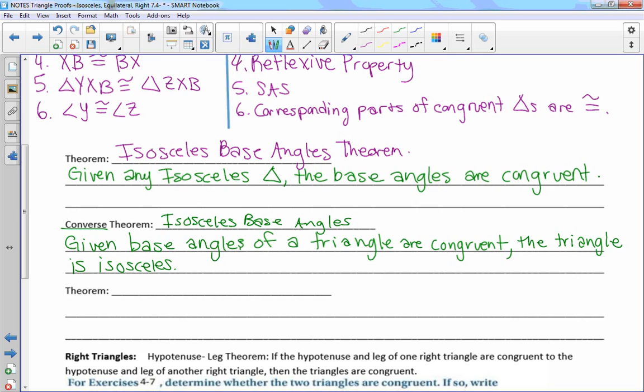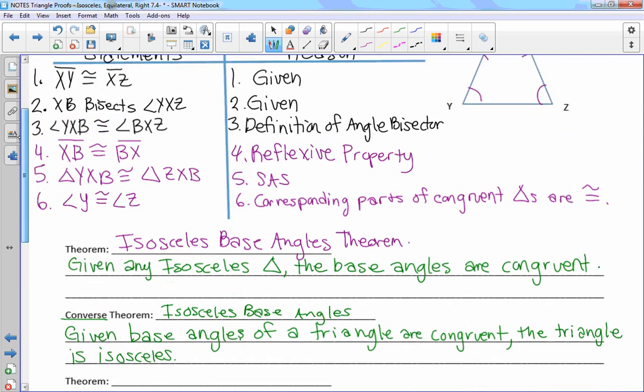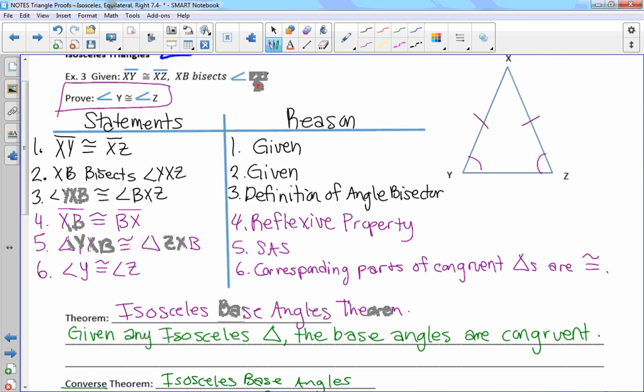The last theorem on here is a relationship that happened, since we proved that those two separate triangles were congruent, and we have this angle bisector. I'll scroll down just a second. This segment and this segment, what do you know about those two? They're congruent because we proved the triangles are congruent.